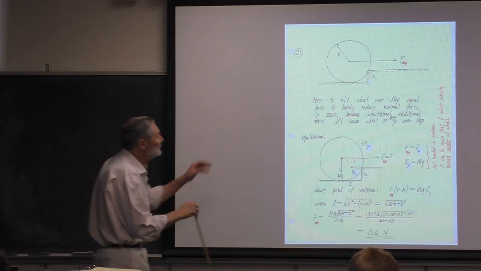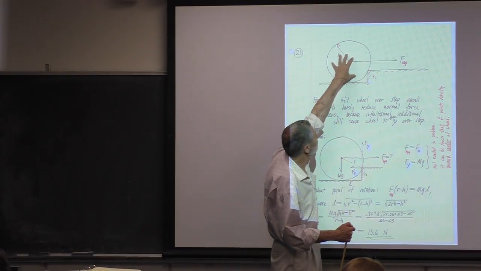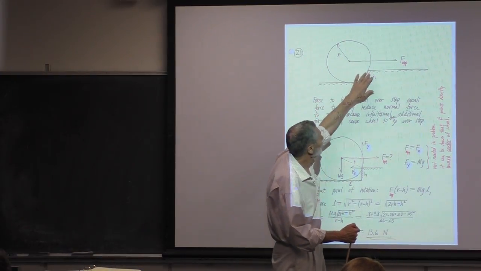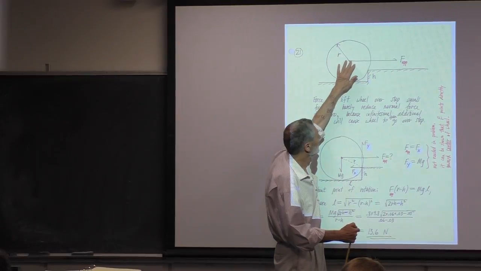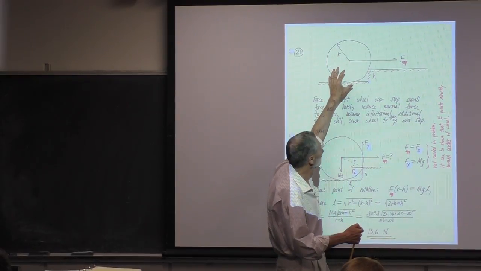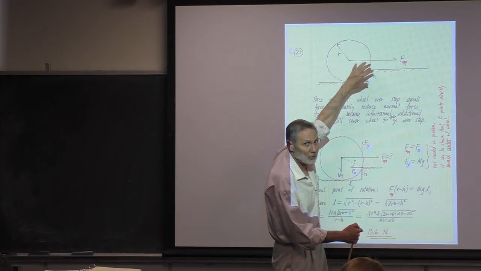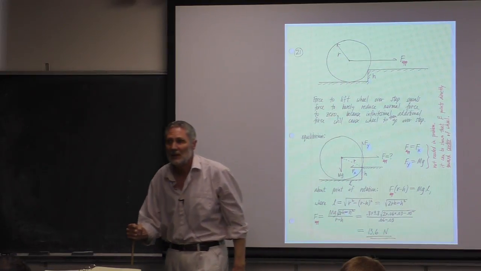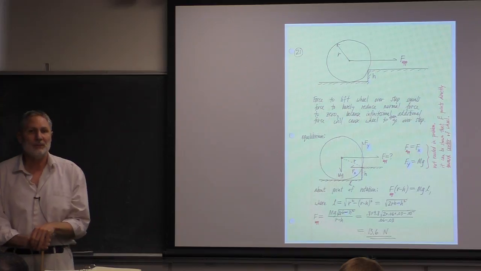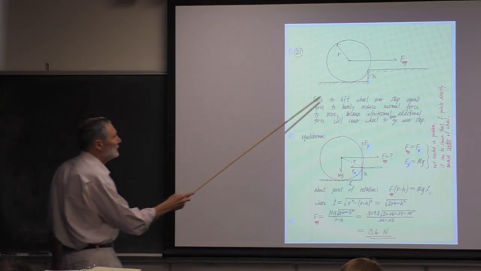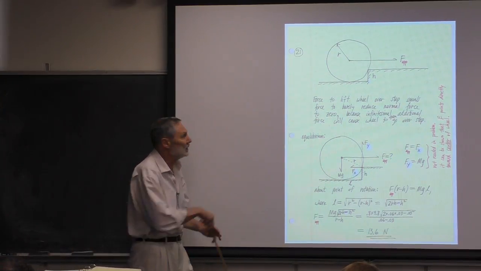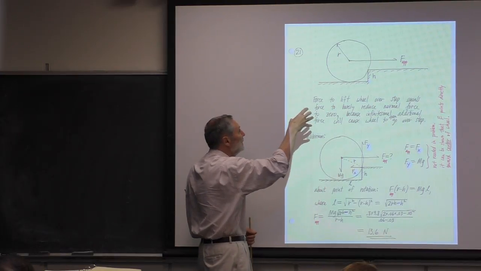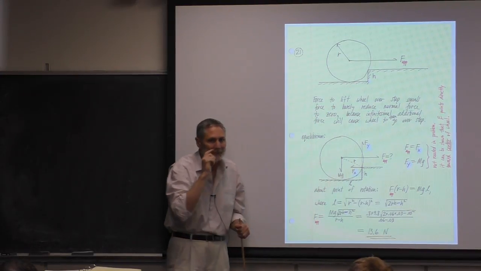The slightest fluctuation here going this way will increase the torque, and that's going to make it rotate more, which will cause it to rotate even more because the torque just keeps increasing. This is unstable equilibrium. The situation here, when the normal force is zero, is unstable. It's unstable going that way. Everything's fine going the other way.